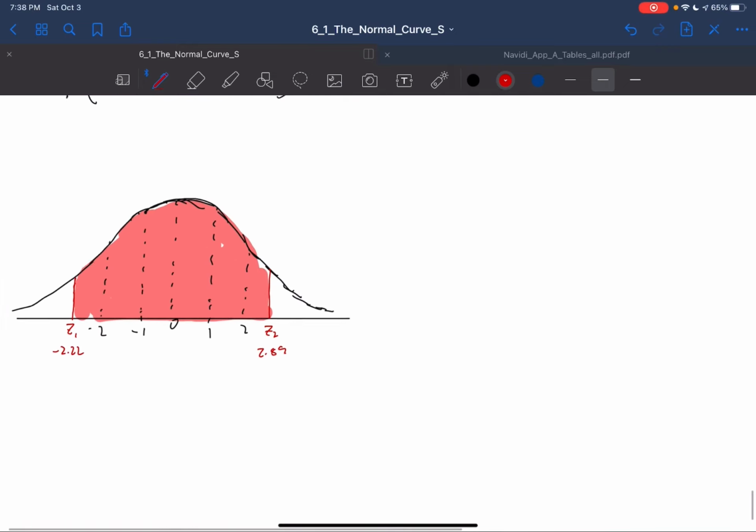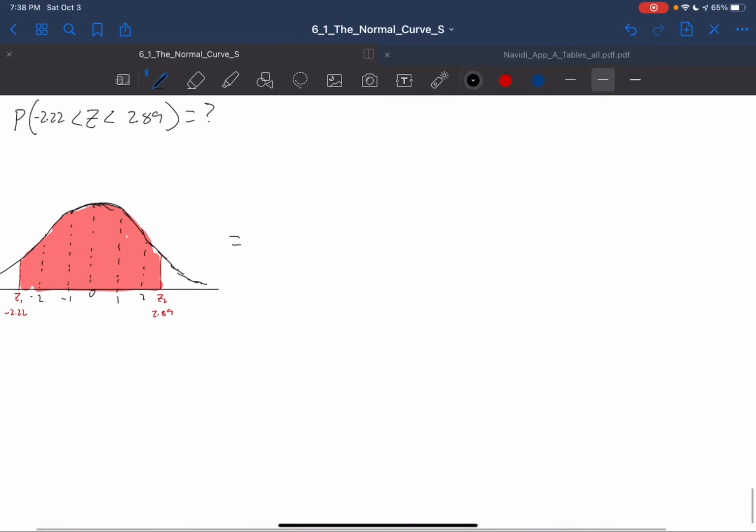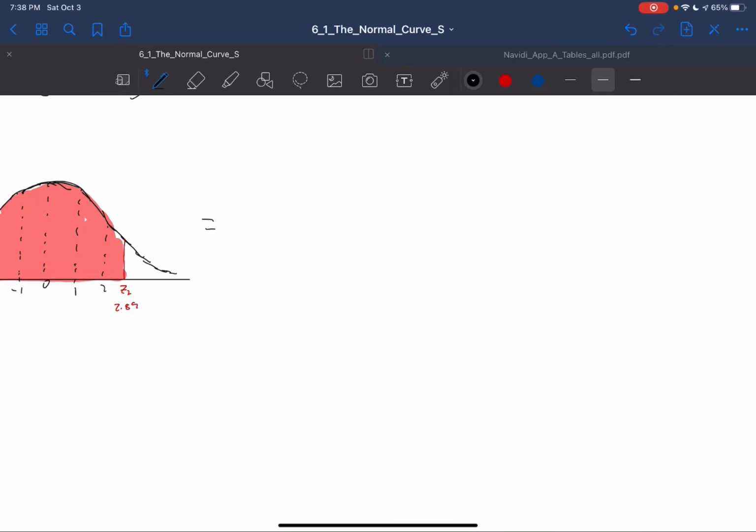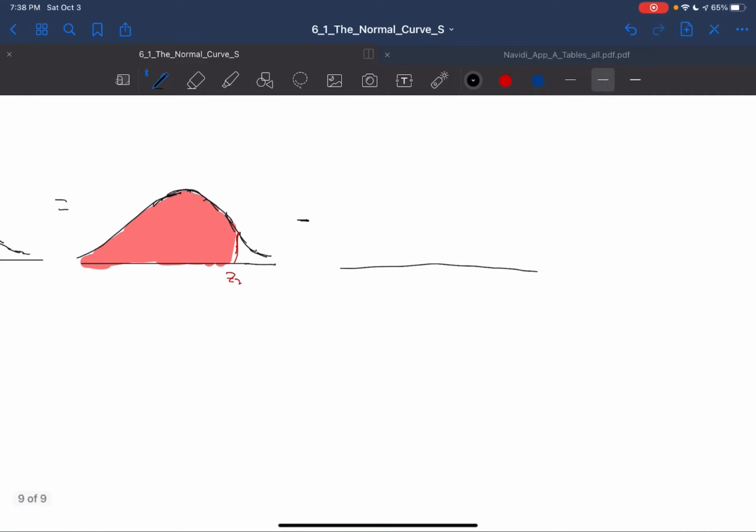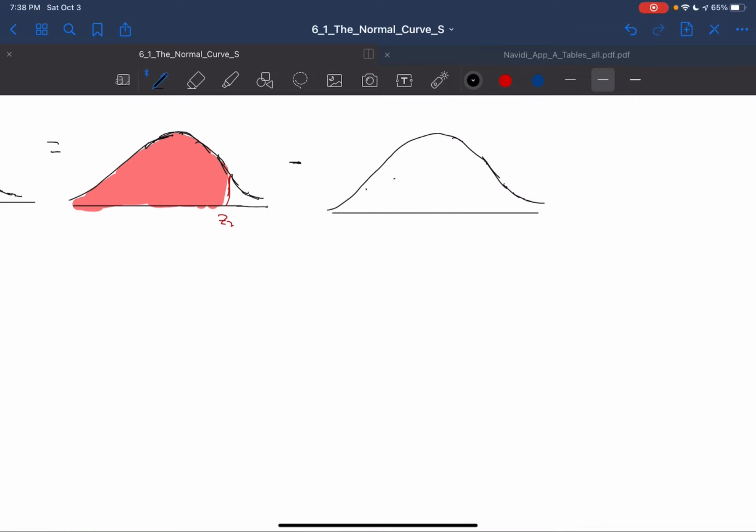Again, z1 is just negative 2.22, and z2 is 2.89. Just a little reminder. What we can do here is take the area to the left of z2 first, and subtract from it the area to the left of z1.